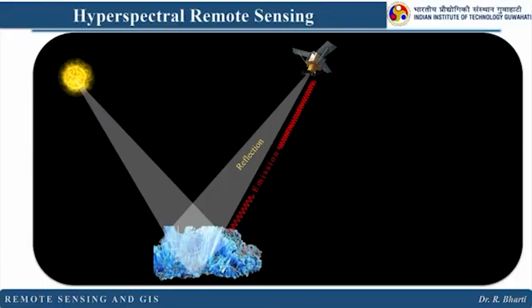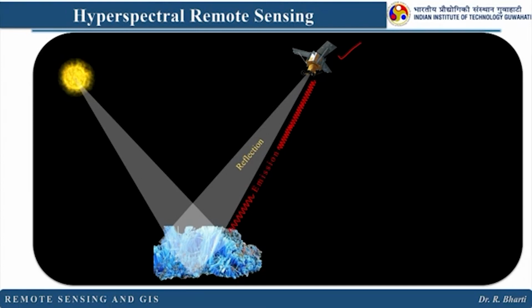So, let us go through briefly what exactly we mean by hyperspectral remote sensing data and how we acquire these images from space or from a lab based instrument. Assuming the case of a space bound sensor, where our sensor is located here and our source is the sun.